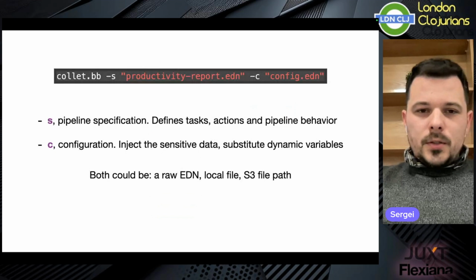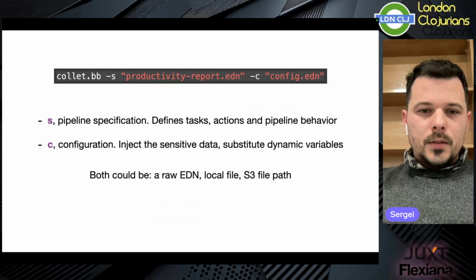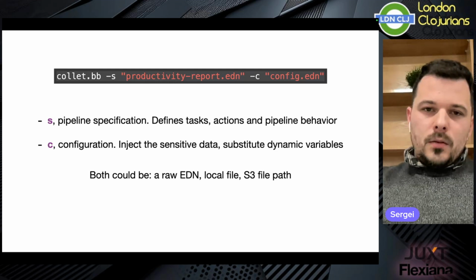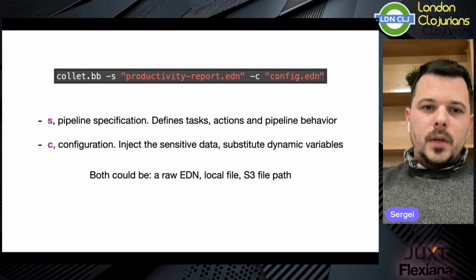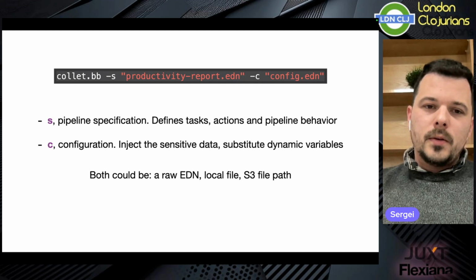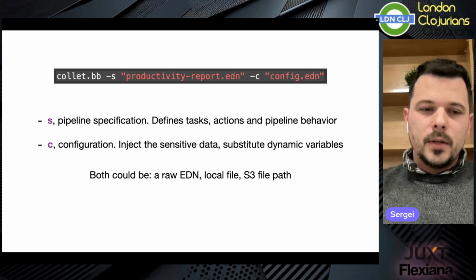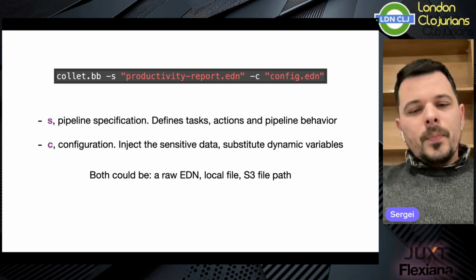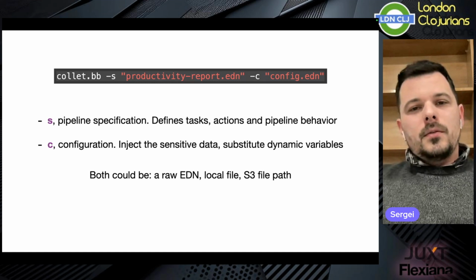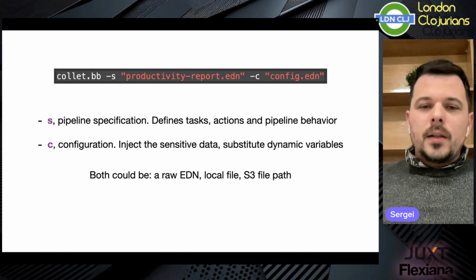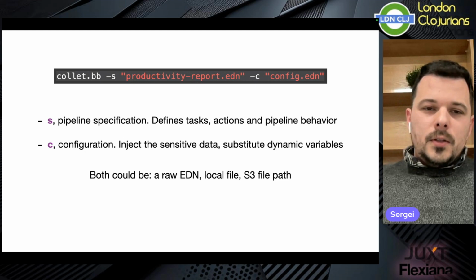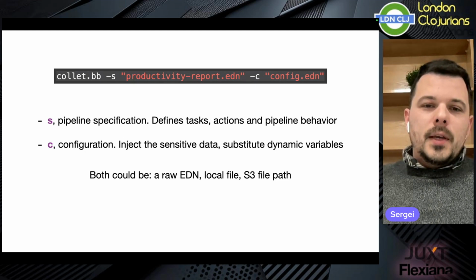I already touched a little bit on how to execute and start working with Colette. You just need 2 files. You need one EDN file with the actual pipeline configuration, and you need a config file that will handle sensitive information like tokens, passwords, etc. This doesn't have to be a static file on your local file system. Instead of the configuration and specification EDN file, you can provide a link to S3.